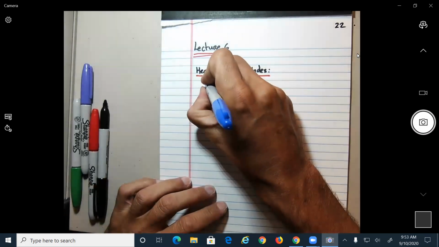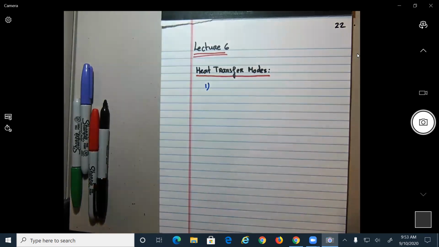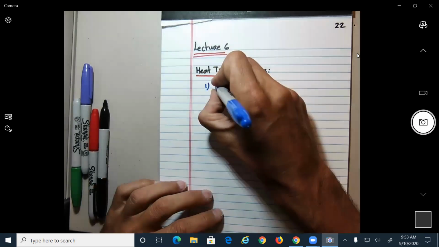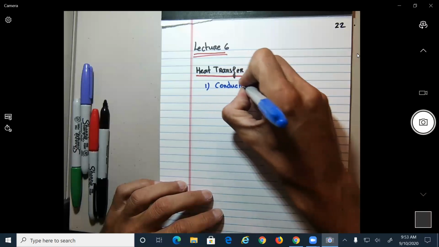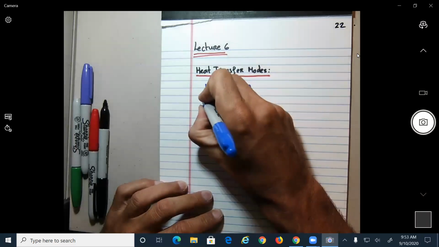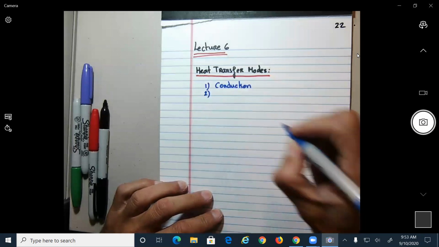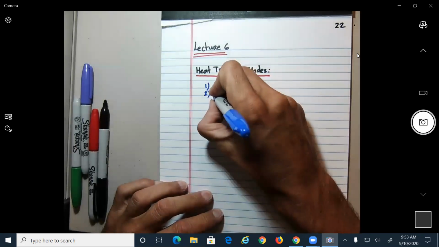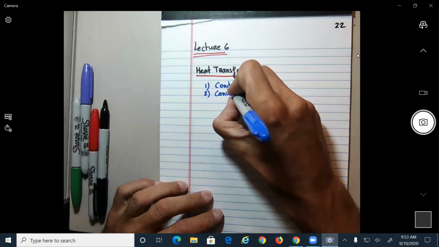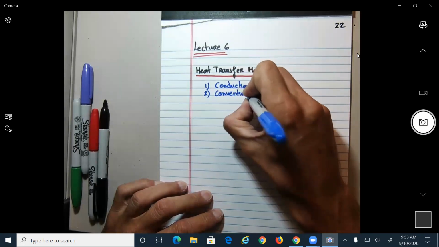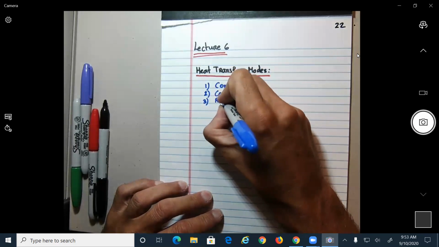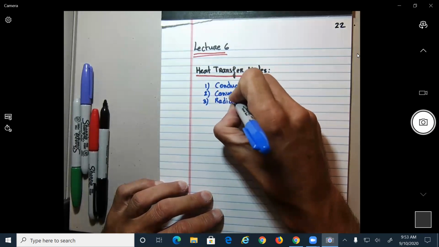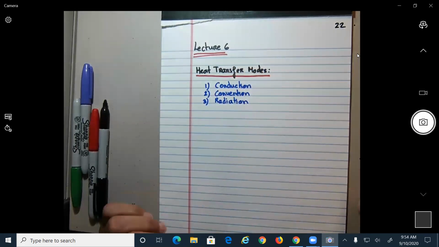The most common and most widely studied, because it's the easiest one, is what is called conduction. The second one is convection. And the third one is radiation.